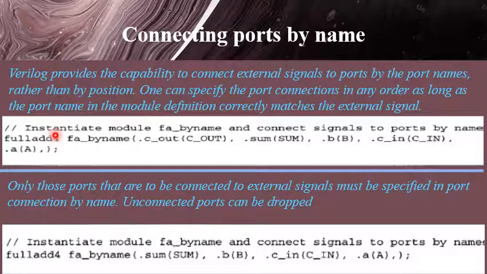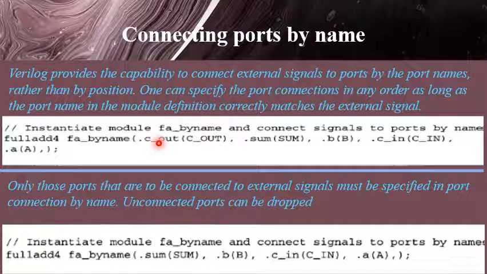Here again we have taken the example of the same 4-bit full adder. So full add 4 is the name of the module, followed by FA by name, which is the instance label, and inside the bracket, now the order is not important, so you can take any order. So here what we write is first dot cout. This is lowercase cout, so this signal is corresponding to the cout signal in full adder module definition.